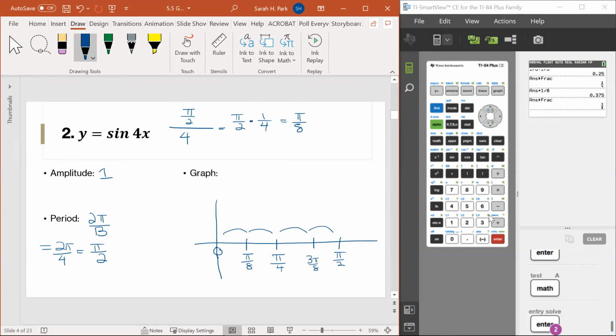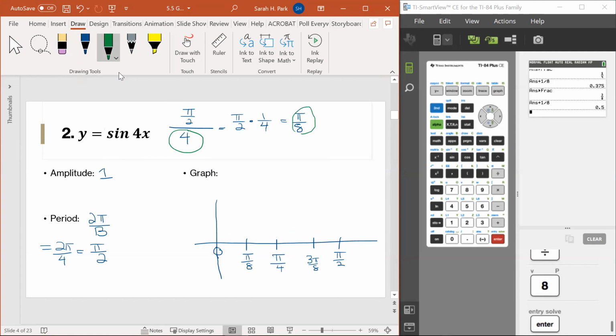And if we add another pi over 8, we end up with pi over 2. And so half, it's 1/2, which is pi over 2. So there are our points. That's how we determine what these values in between are. You divide by 4 because we're dividing the whole period by 4. You are always going to divide by 4. And this is how long each little unit is.